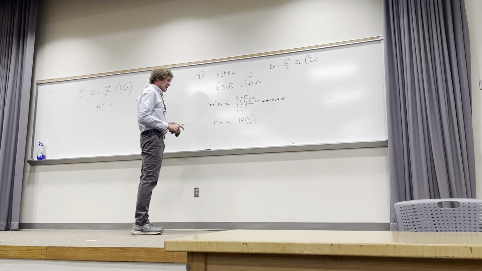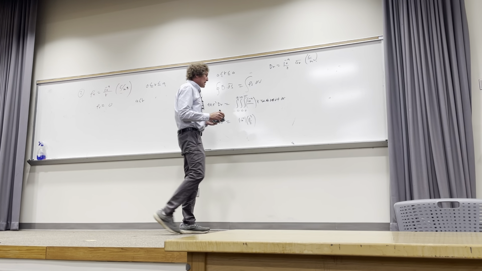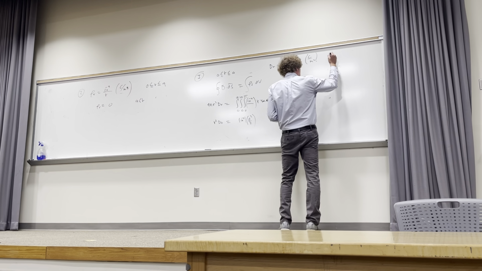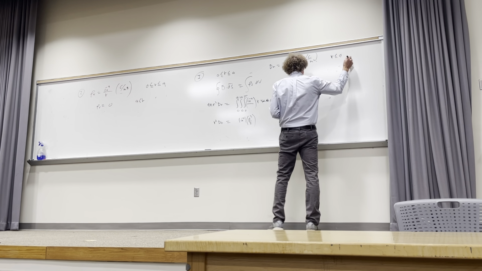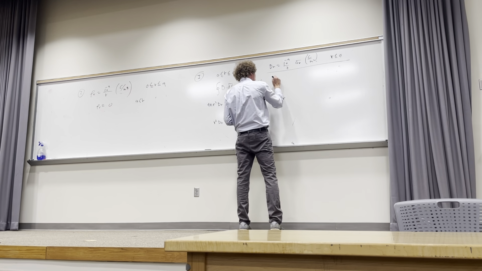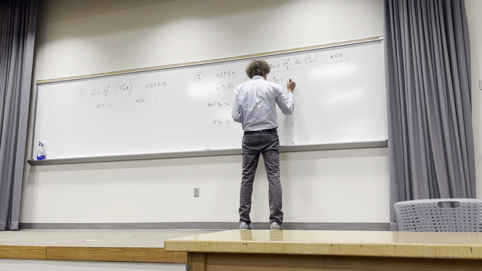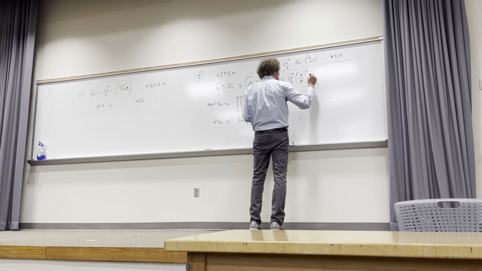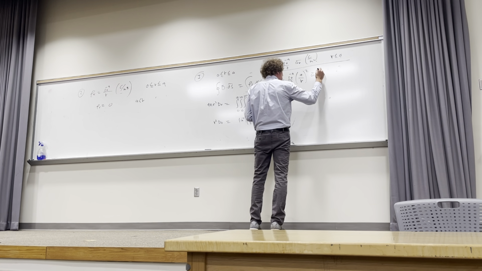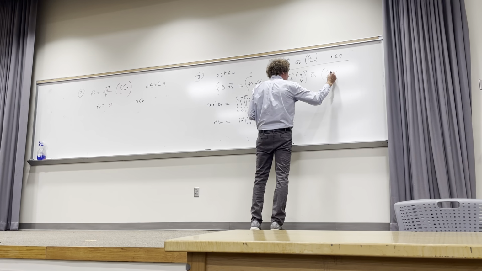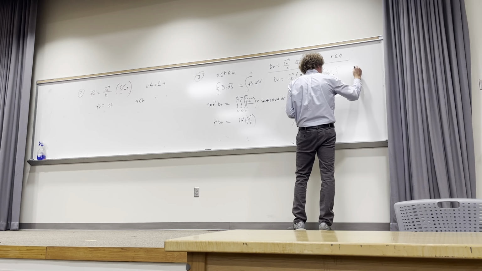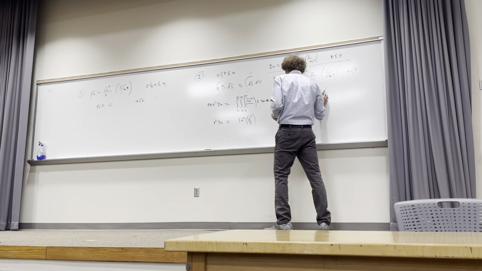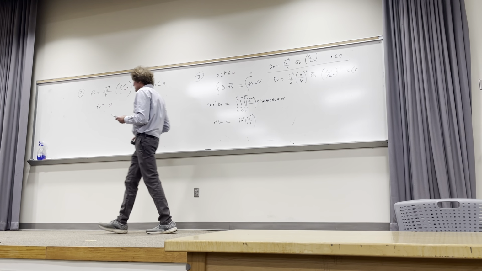After that, depends how you want to cast it, but you can say now this is for r less than or equal to A. Then d of r here is going to be equal to 10 to the minus 9th over 2, and then it's really A squared over r squared, in the a_r direction, coulombs per meter squared. And this is for r greater than A. And that's how that problem's done.